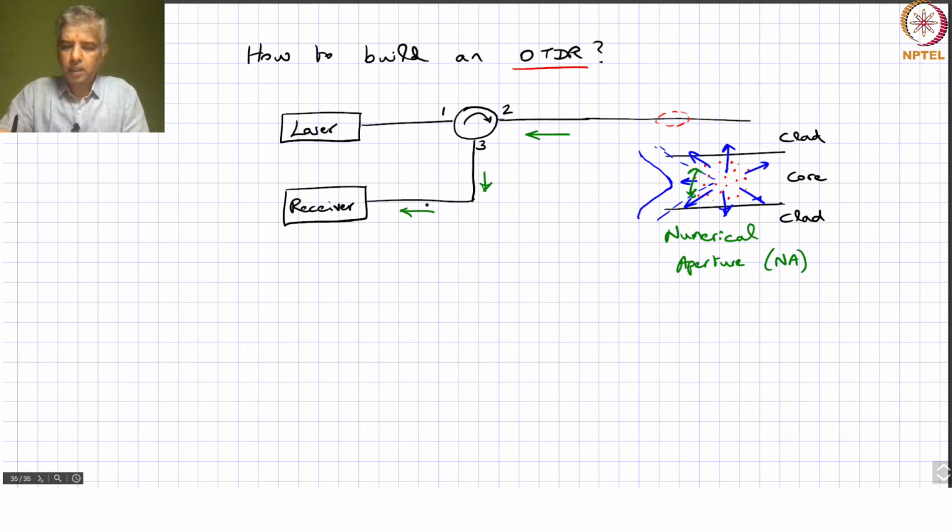So now let us get an estimate for how much power we are getting at the receiver. What we want to look at is how much power we are getting over an infinitesimally small region. We want to call this extent dz. That's what we are trying to show over here. Over that dz, what is the amount of power that we are scattering?